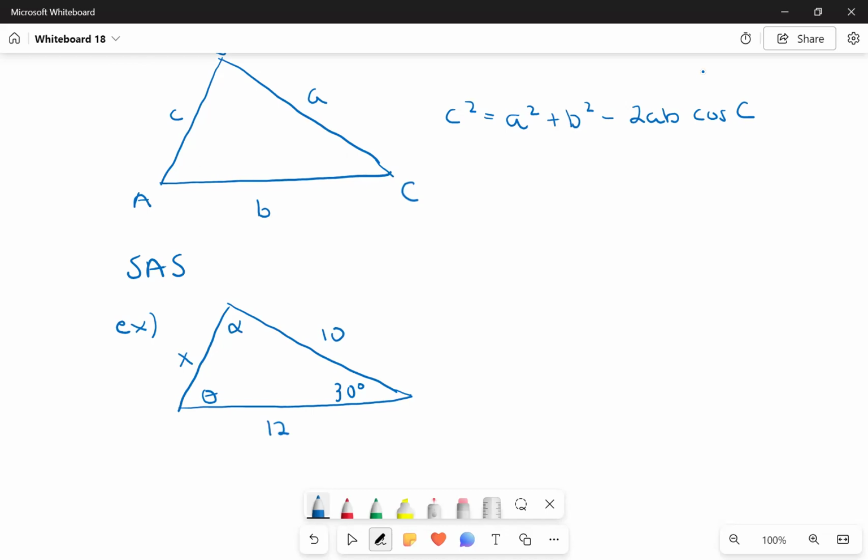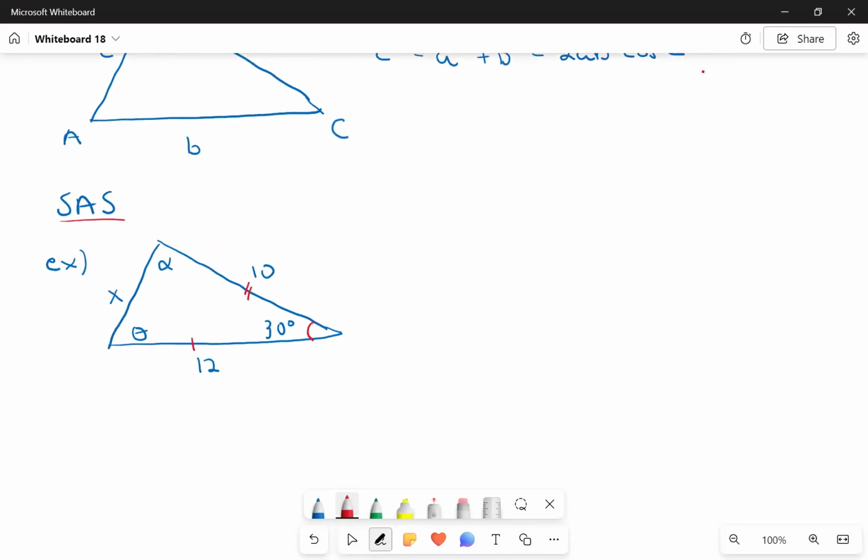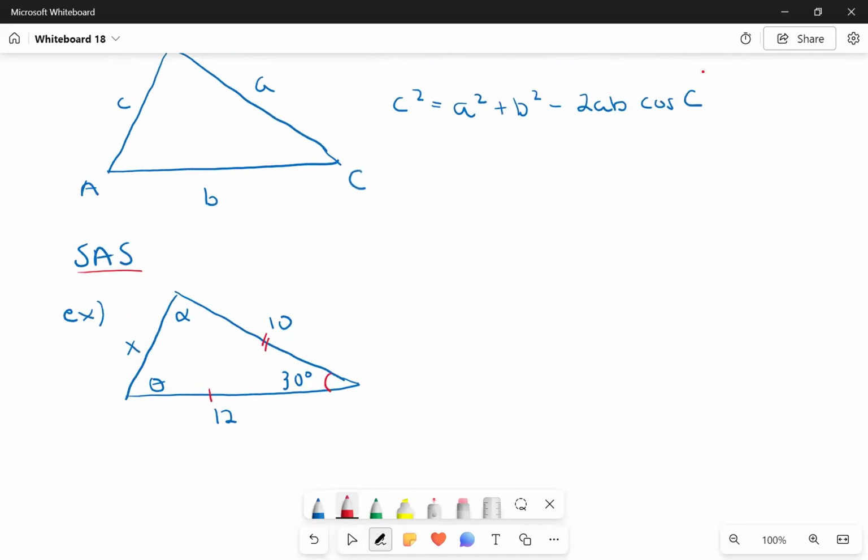Since we just finished talking about the law of cosines, and I can see that I definitely have this side, this angle, and this side given to me, I can use the law of cosines since it's side, angle, side. So in this example, X would be our c squared.